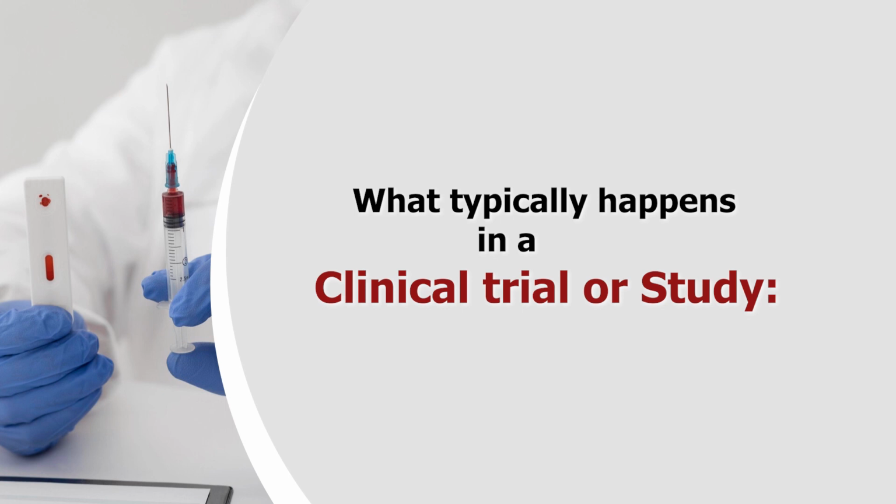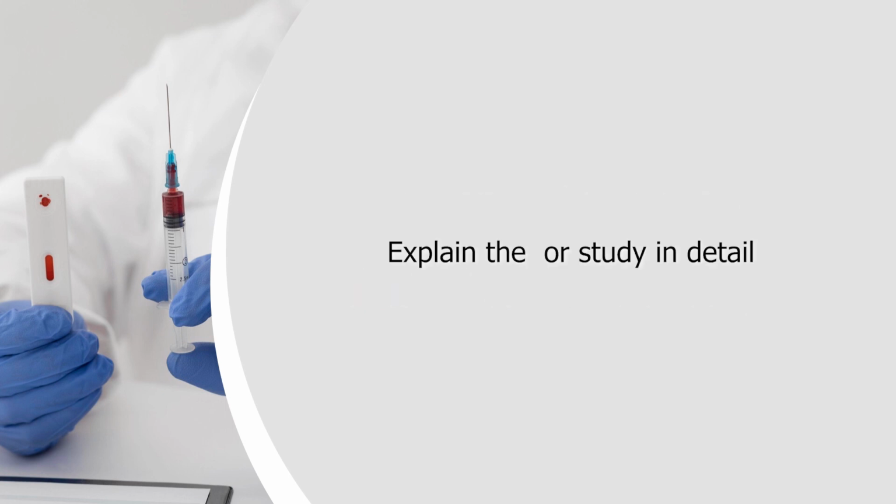Here's what typically happens in a clinical trial or study. The research staff will explain the trial or study in detail, answer your questions and gather more information about you. Once you agree to participate, you will sign an informed consent form indicating that you know what to expect as a participant and what the consequences may be.